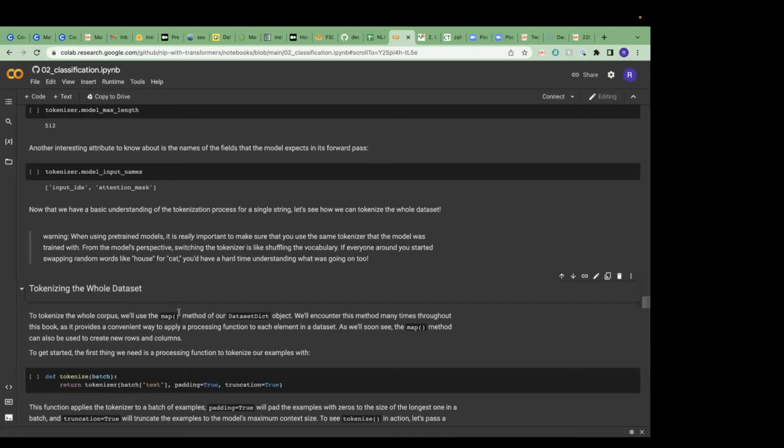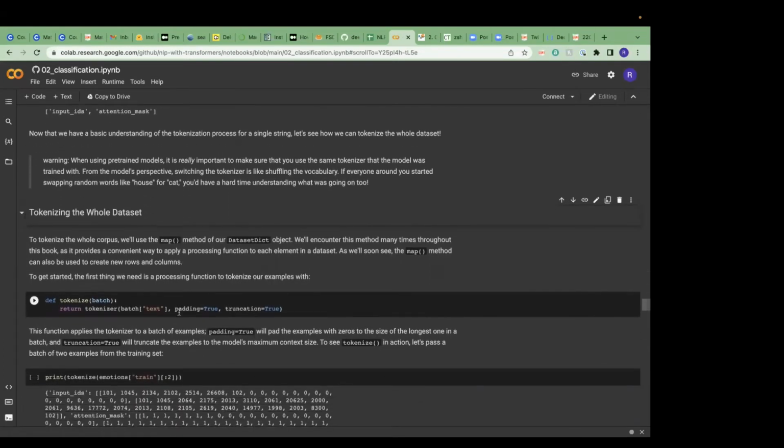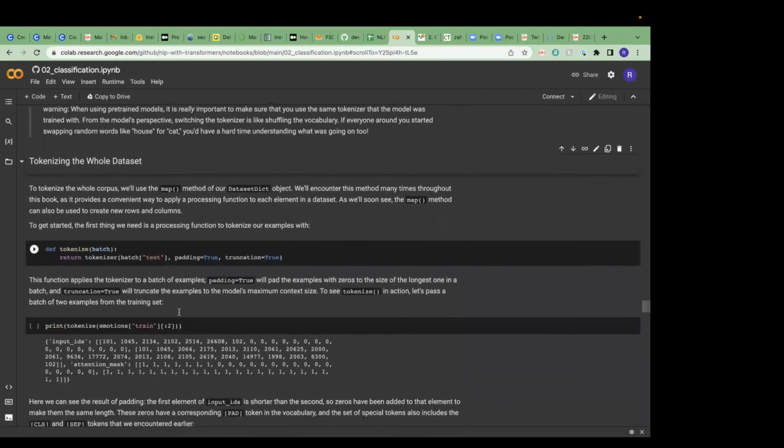Yes. And then the next section is just tokenizing the whole data set. So it does it in batches, and it tokenizes examples by doing padding and truncation. So making sure that the shorter sentences are padded to the length of the longer sentences, and the longer sentences are truncated so that they have uniform length.